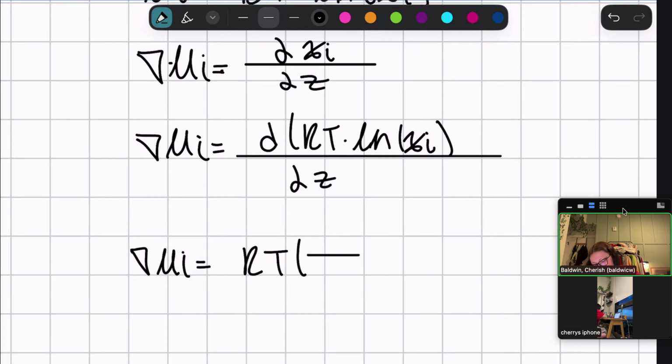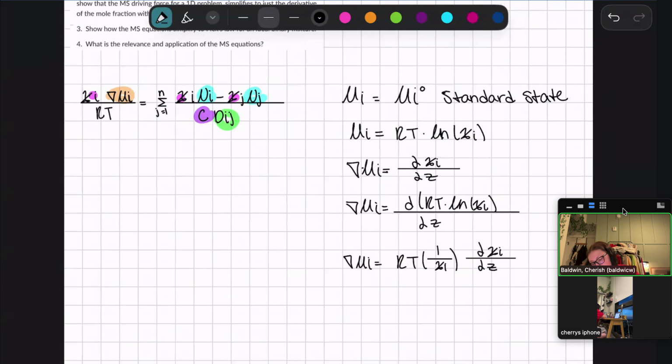And we put this over, and then we have to relate it back to the derivative or the gradient. And we plug this back into the equation.